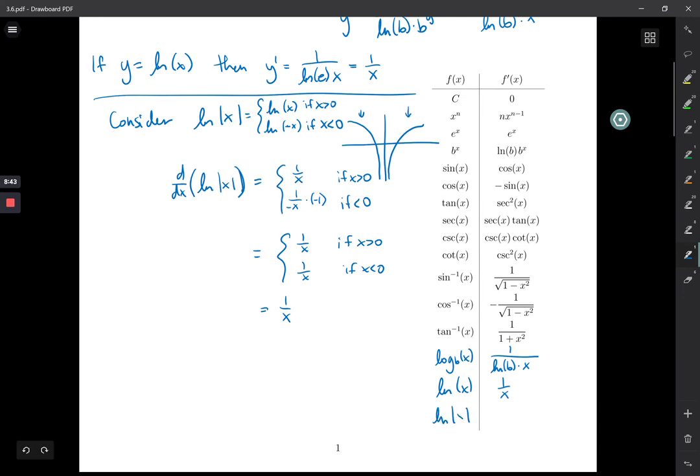Like I said, it won't come up that much in this class, most likely, but it's good to know. So the difference between these two is just a difference of domain. They'll agree on the right-hand side of the x-axis, the positive part, and then on the left-hand side, this function has an extended domain, and the derivative is just the same.